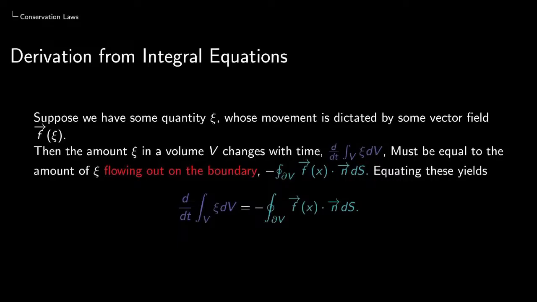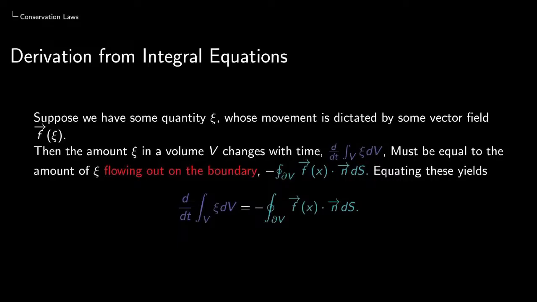So if we want to understand where these conservation laws come from, suppose we have some quantity z whose movement is dictated by some vector field f of z. And the amount of z in a volume changes with time. So we take a volume integral of z, and we take a derivative with respect to time.